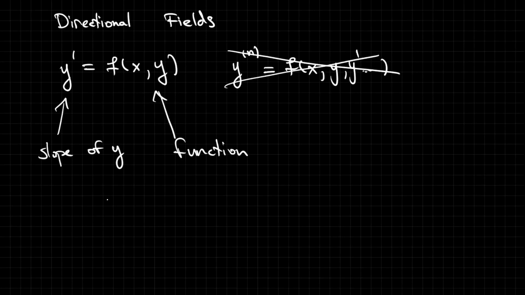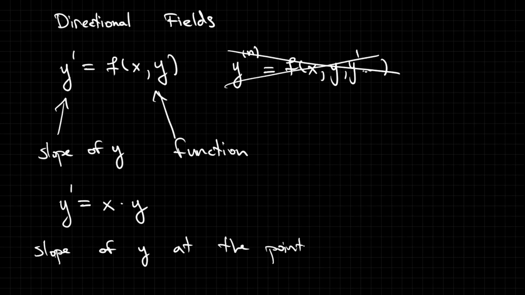So let's take a concrete example. Let's say y prime equals x times y. Well, that means that, hypothetically, the slope of y at the point, let's say, 4, 3 is, well, if you're at the point x is 4, y is 3, then the slope of y, that's y prime, is going to be 4 times 3, which is 12.